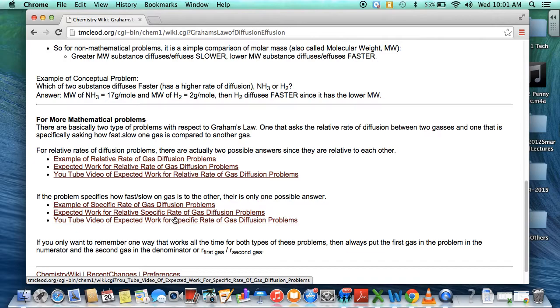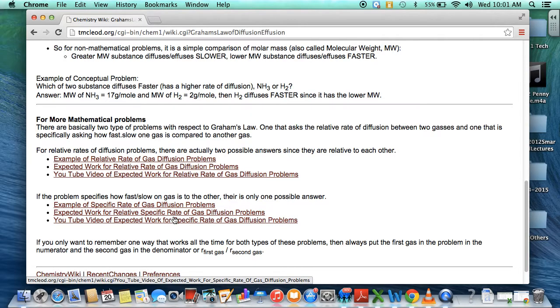If you want something that always works for either condition, where it's a relative rate or it's how fast or slow one is compared to the other, the way you do it is you always put the first gas in the numerator and the second gas they talk about in the denominator.